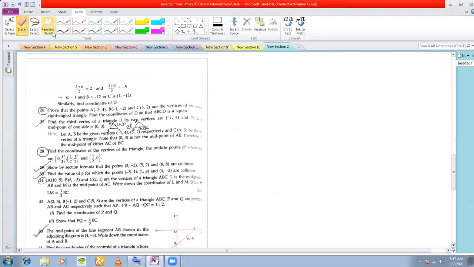Say number 26. Prove that the points whose coordinates are given, A, B, C, are the vertices of an isosceles right-angled triangle. So let us write the points first.